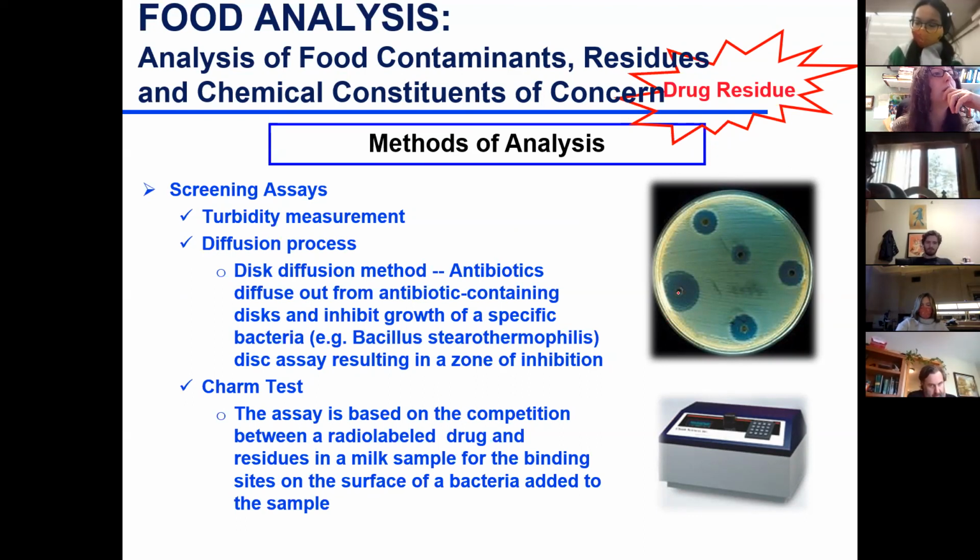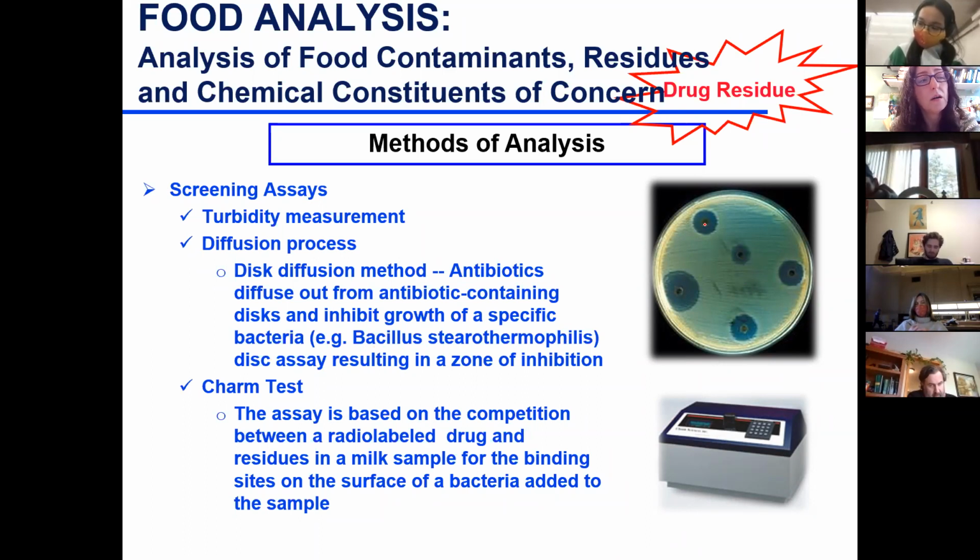So you see here the little discs that you have. You have your agar or culture material. You put those little discs and inside of these discs could be your sample, let's say a milk sample. So you have a little bit of milk sample in each one of those. Then you inoculate with a particular bacteria, for example, Bacillus stereothermophilus, and then you incubate.